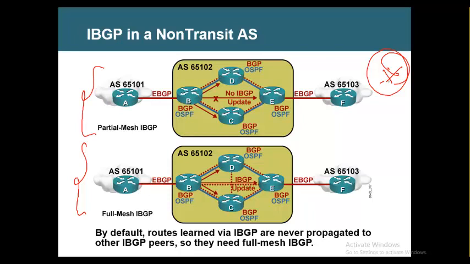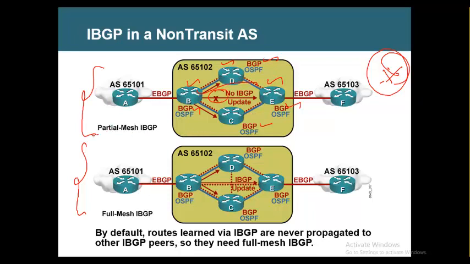What does it mean? It means running BGP on all routers is not enough. You also need to form peering between every single router. Simply running BGP is not enough. B should form a neighbor with D also, and with E, which is not seen here.